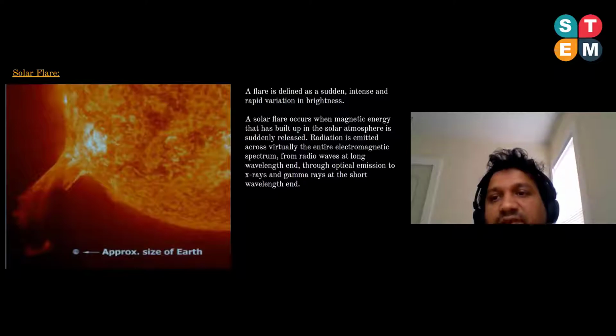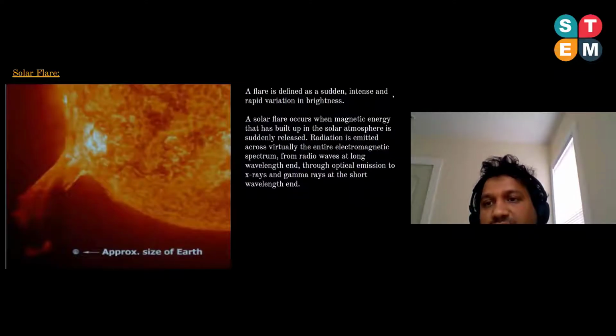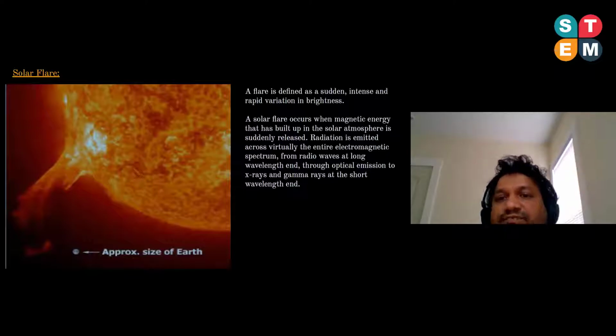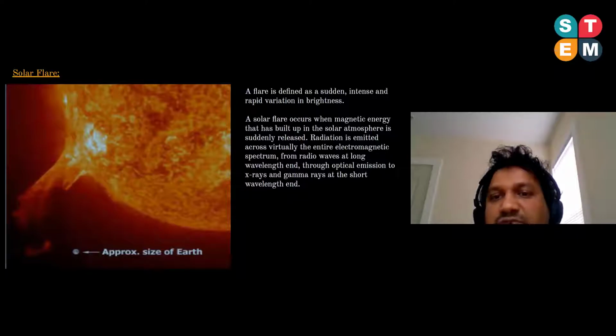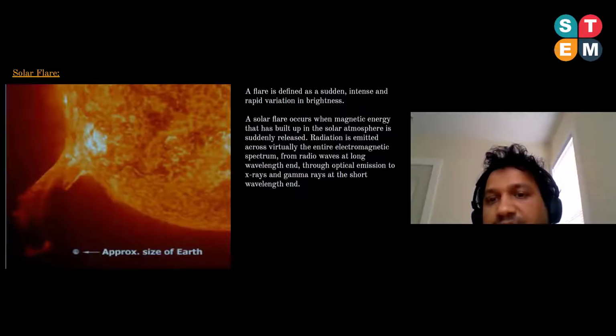When a solar flare occurs, the magnetic energy that has built up in the solar atmosphere is suddenly released, and radiation is emitted virtually across the whole electromagnetic spectrum, from radio to long wavelengths. There is also some emission in X-ray and gamma ray.